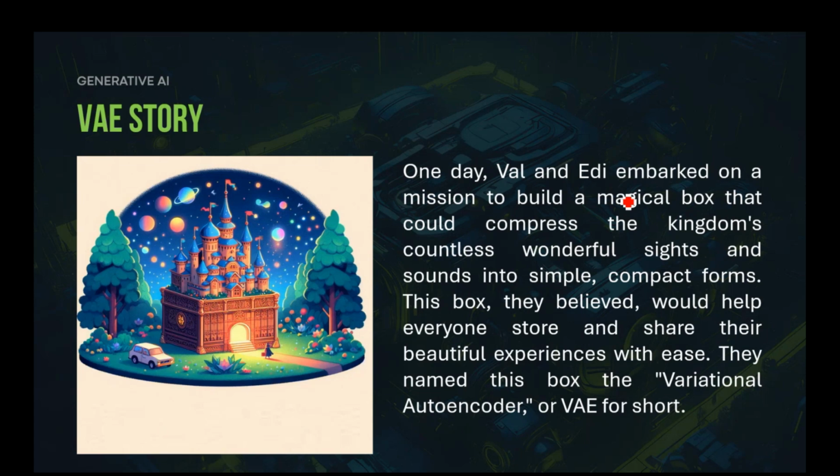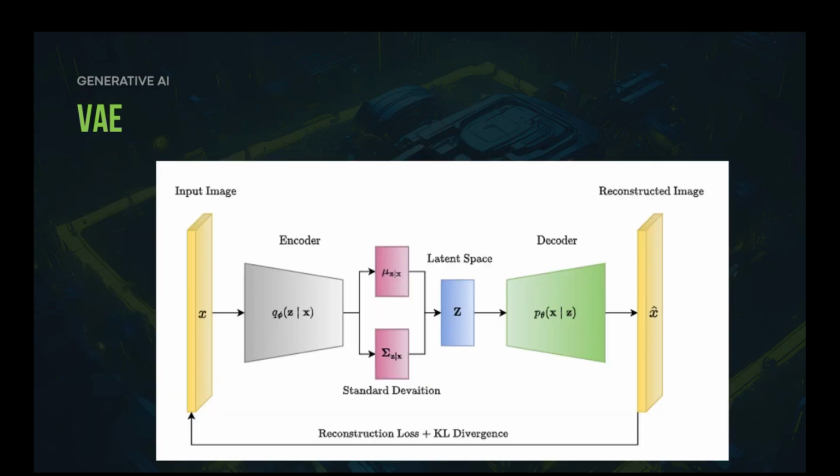So an autoencoder is a concept where you have an encoder and a decoder, and you provide the input. Mostly it is used for images, improving image quality.